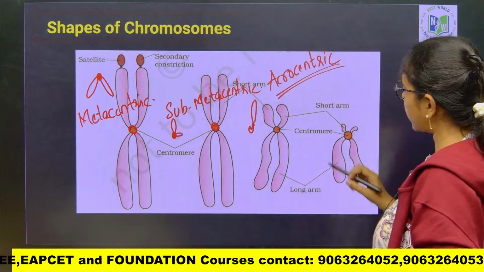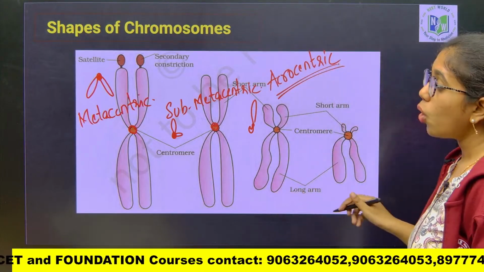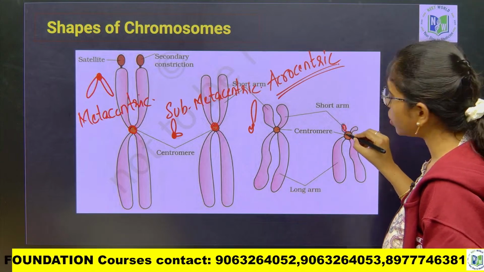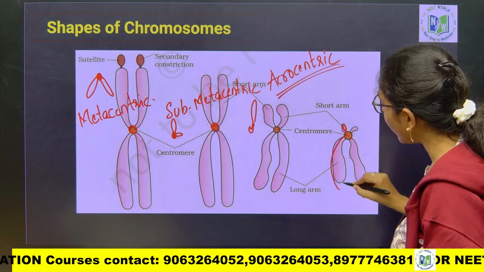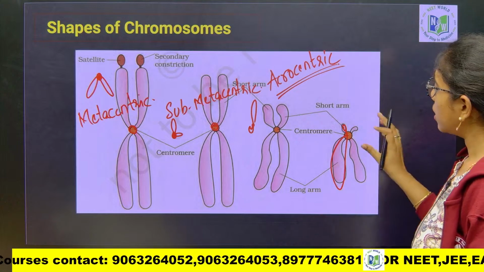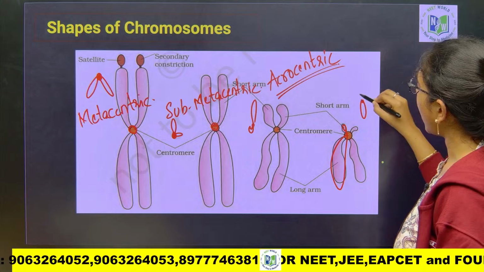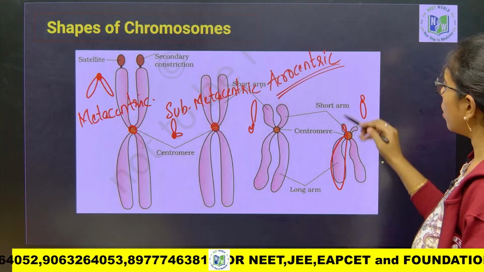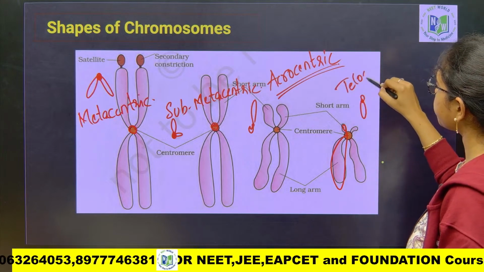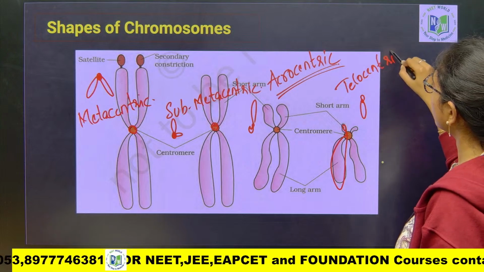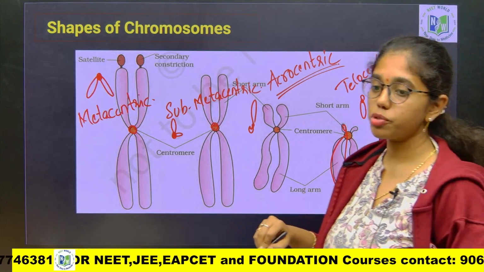Next is telocentric. One arm is very negligible and small, one is a very long arm. This is telocentric, and this gives out an I shape. These are different shapes of the chromosomes.